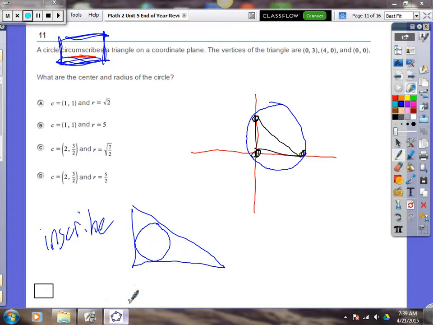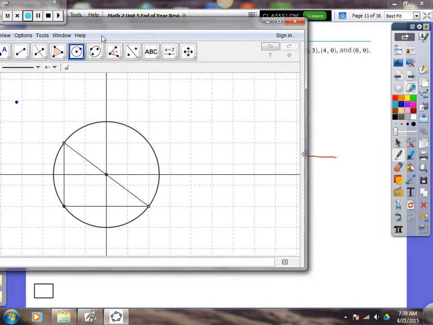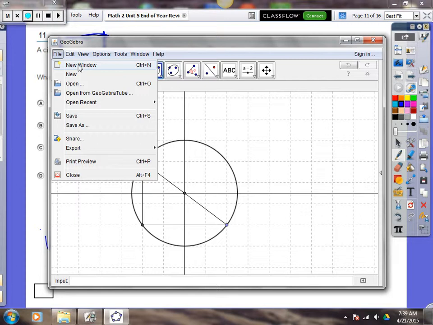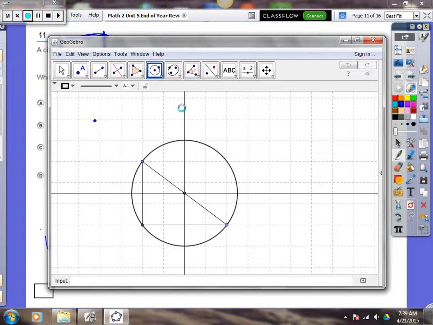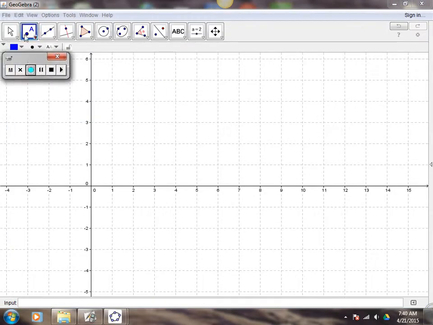Okay, now in GeoGebra, let's do a new file, maybe. Alright, okay, I think I got one ready.